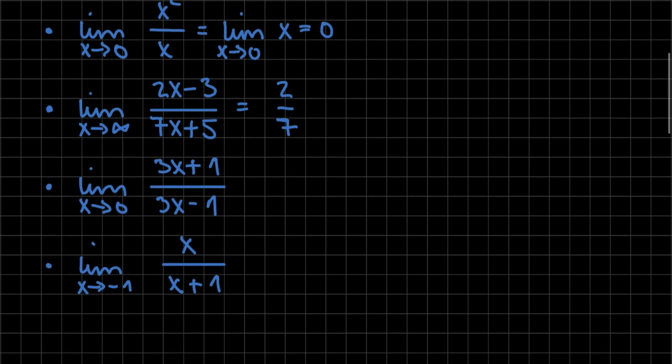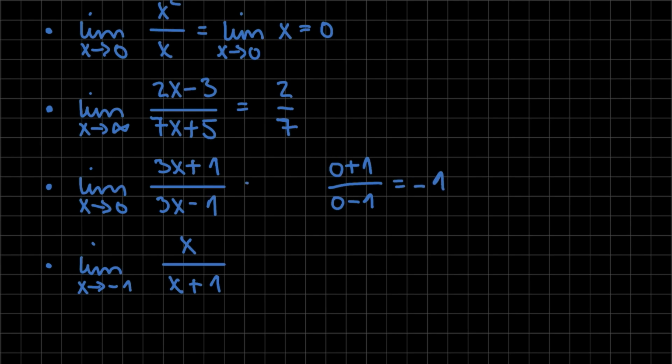Okay, the next limit we have is the limit as x tends to 0 of another rectangular hyperbola. Now, let's try first direct substitution and see what we get. So we'd have 3 times 0, which is just 0, plus 1, over 3 times 0, which is just 0, minus 1. And that's just minus 1.